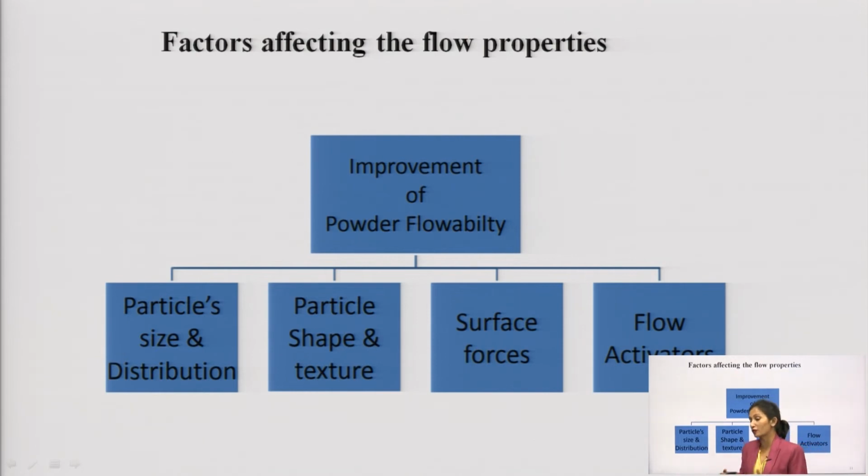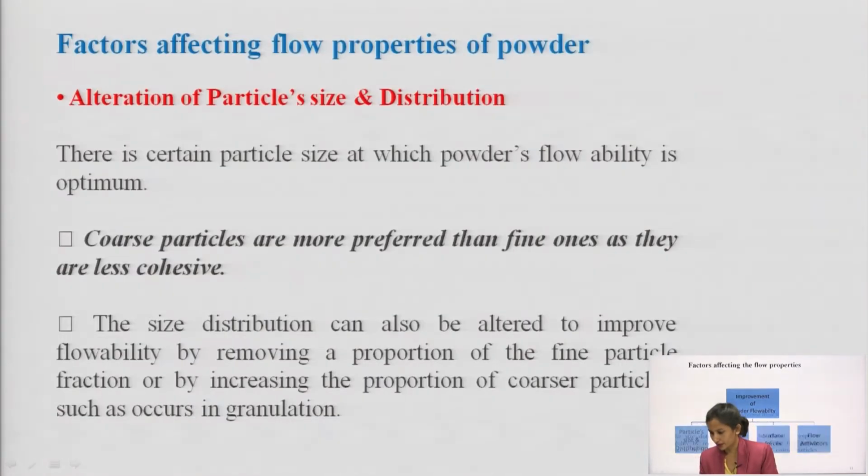But among these 4, the flow activator is the best, result-oriented way to improve the flow properties of the powder. They all are accelerating factors to increase the flowability, but the flow activators are chemicals, basically known as glidants, which are used to increase the flow properties of the powder. So let us discuss one by one.